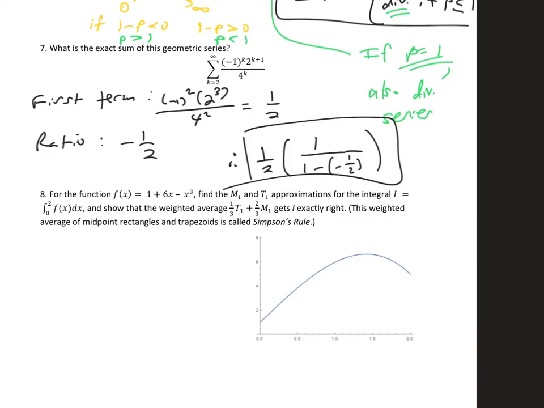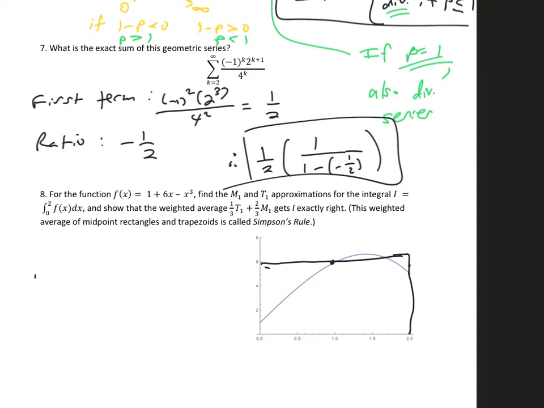So this is what it would look like. The midpoint rule, we're going integral from 0 to 2. So we're talking about this shaded region. The midpoint rule would say find the midpoint of the subinterval. So that's right there. We're just using one interval. And then draw a rectangle at that height. So there's one midpoint rectangle.